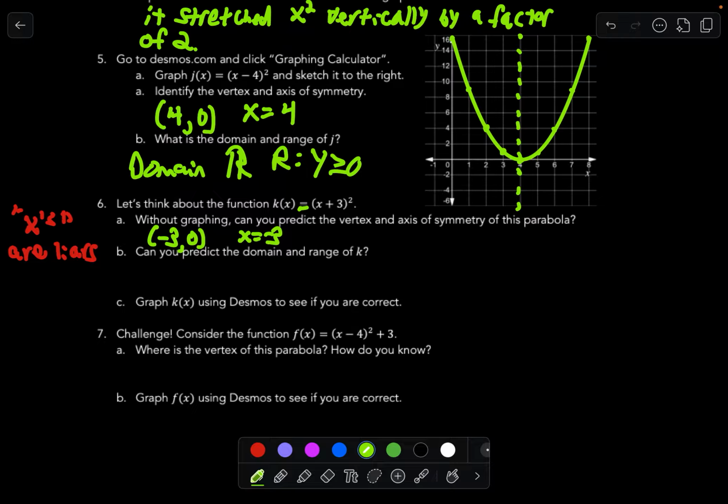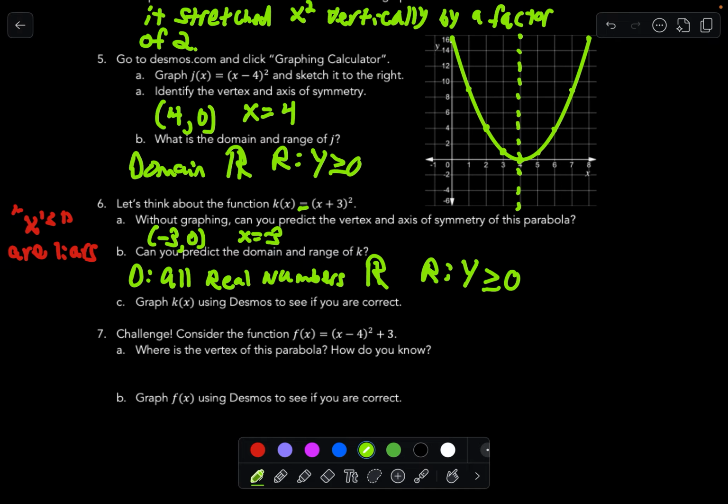Can you predict the domain and range? Well, yeah, the domain, like with all parabolas, and quite honestly, all polynomial graphs, is all real numbers. The range would be y is greater than or equal to 0.